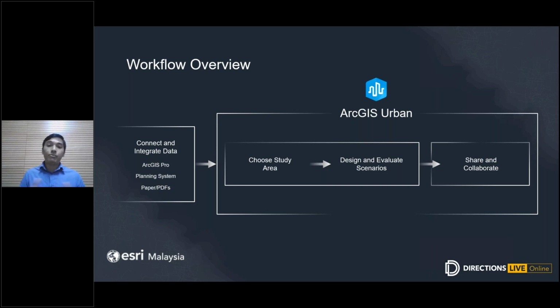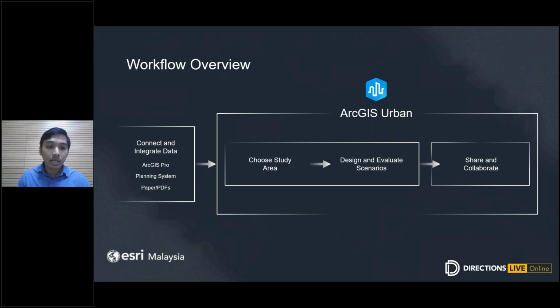For example, you can extract data from OAC3 Plus, or any of your Kebenaran Merancang systems, as part of the data. Then we choose a study area for certain zoning to start our planning scenario, and then we design and evaluate the scenario. From here, you can share and collaborate internally within your department, or with any other external stakeholders.